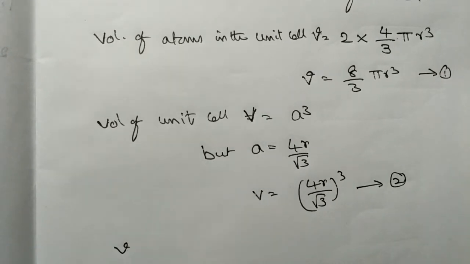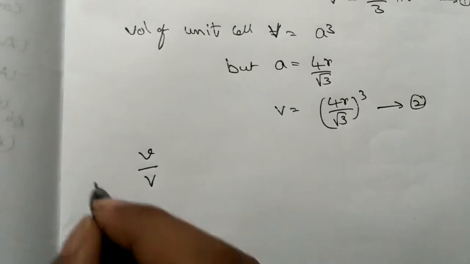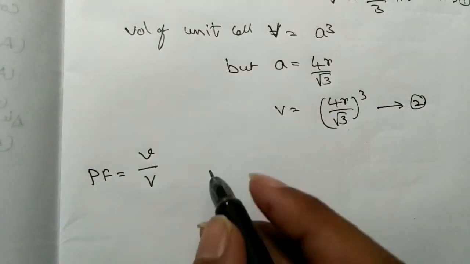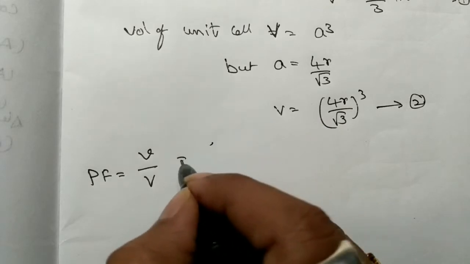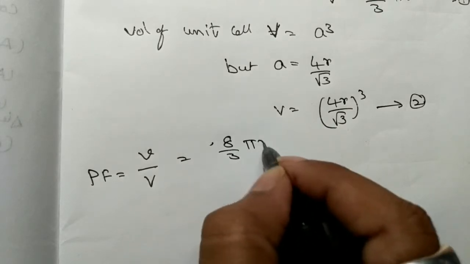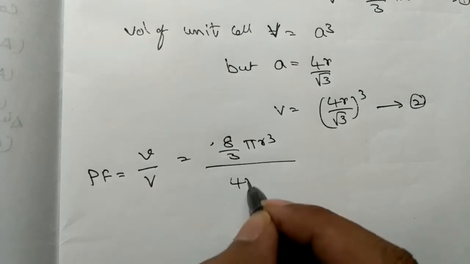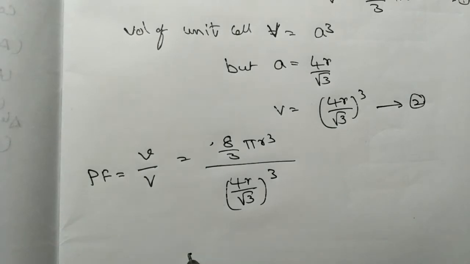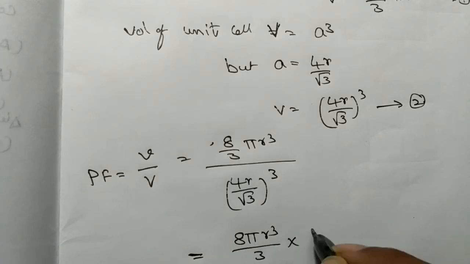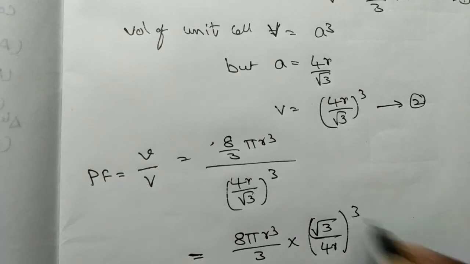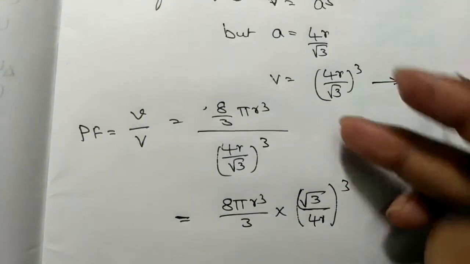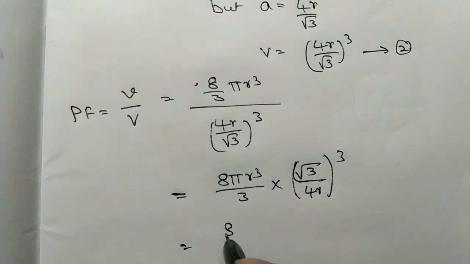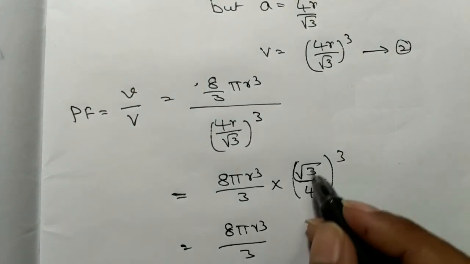Now small v by capital V, which is packing factor of BCC, is equal to 8 by 3 pi r cube divided by 4r by root 3 whole cube, that is equal to 8 pi r cube by 3 into root 3 by 4r whole cube. This will be reversed. It's equal to 8 pi r cube by 3.